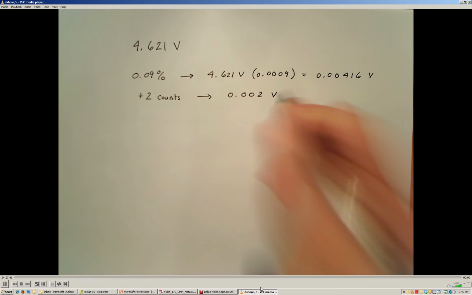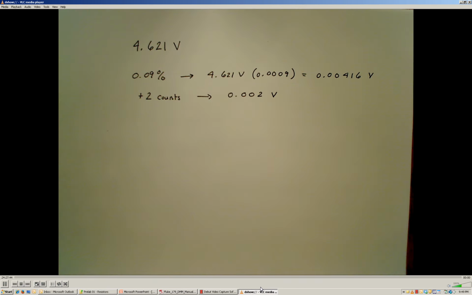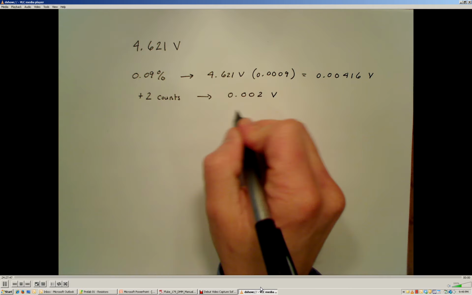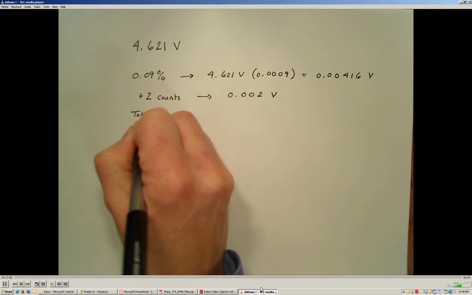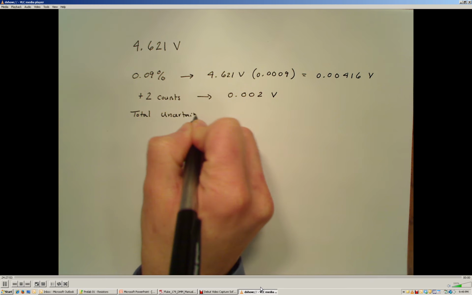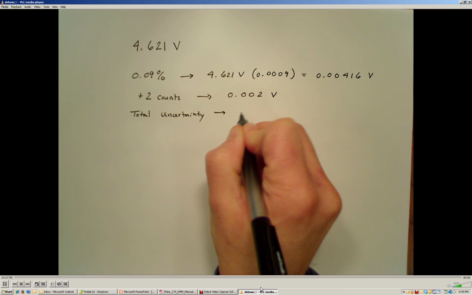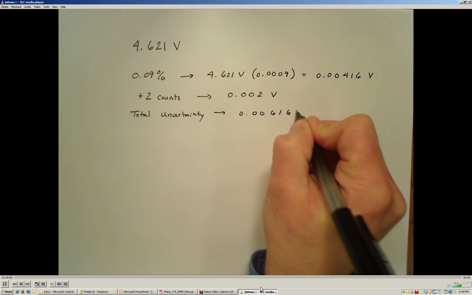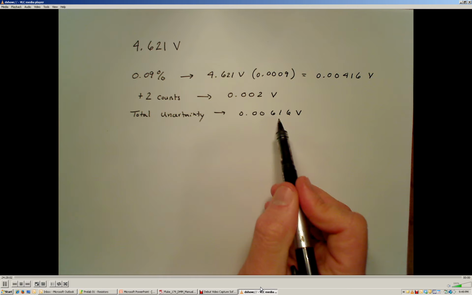So I add those two together, and my total uncertainty is going to be 0.00616 volts, or 6.16 millivolts.